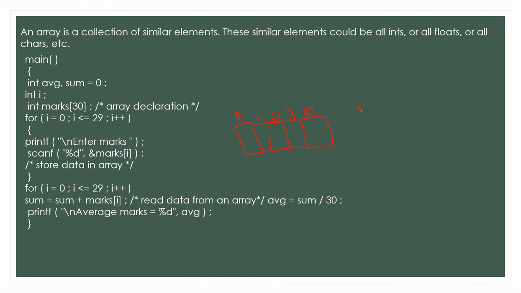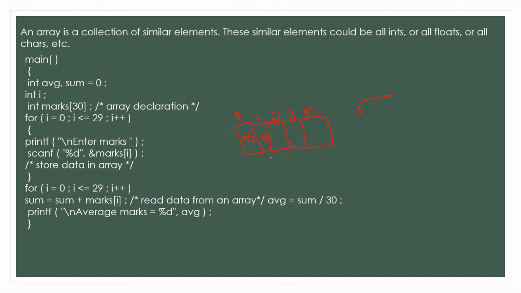So there are 5 elements in total, but since we are starting from 0, 0 is less than or equal to the limit. Will I ask the user to enter marks? That person will enter his mark as 50, and then 1 is less than 29. We ask him or her to enter, and that person will enter 45 and it gets stored in 1. So again i is 2 and similarly it will happen.